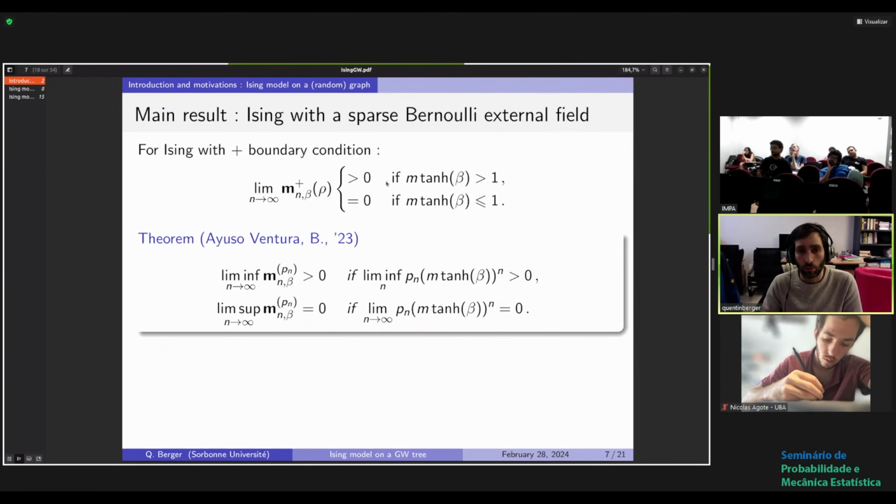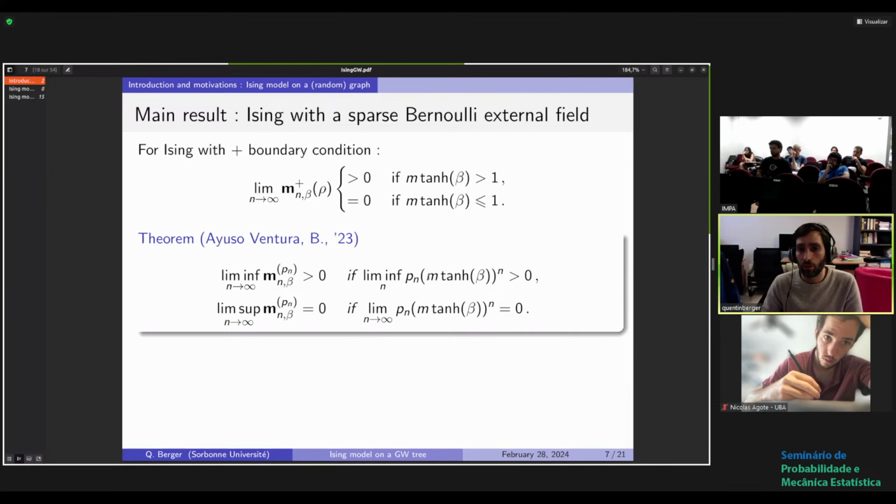Put yourself in that case. If you put pluses on the leaves, you will magnetize the root. But if you put pluses on all the leaves, it means that your parameter Pn is not going to 0. And the question is, how many pluses can you remove and still have the root magnetized? The answer is the following.